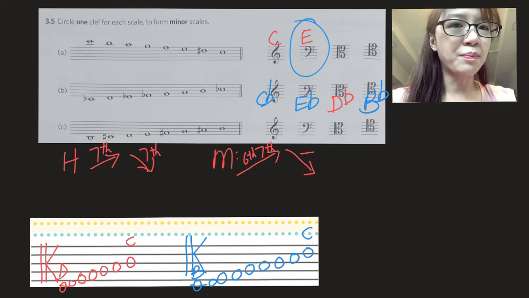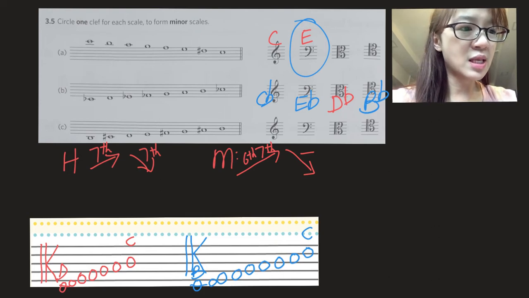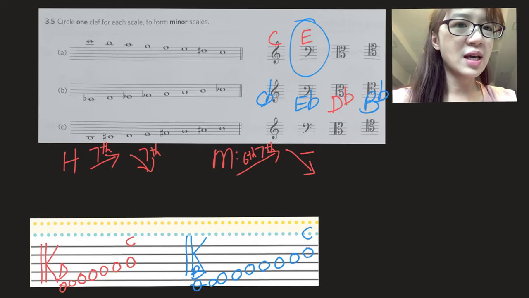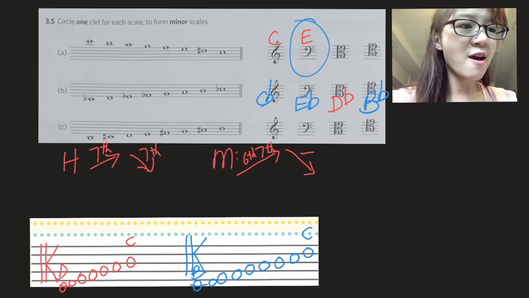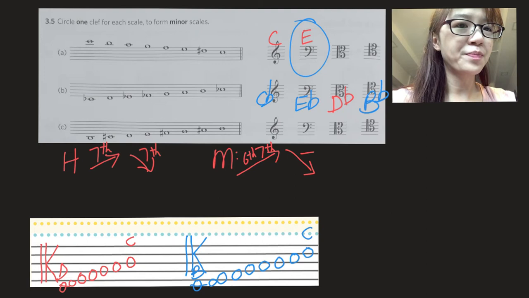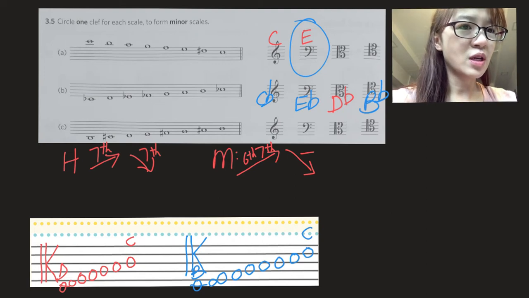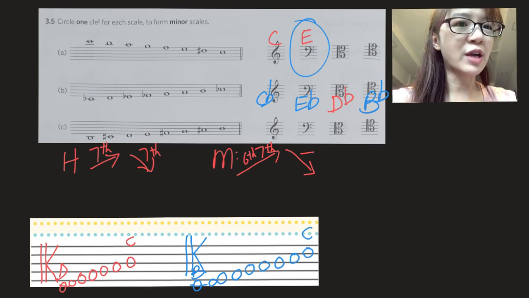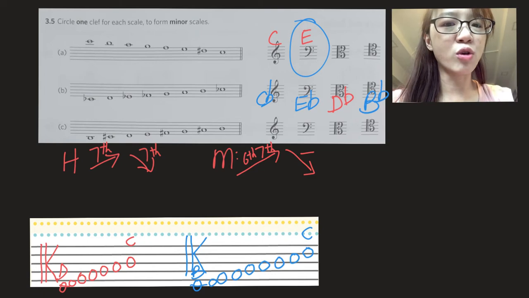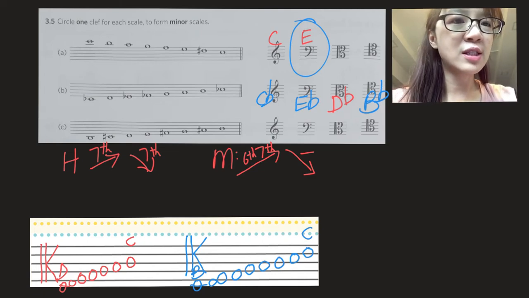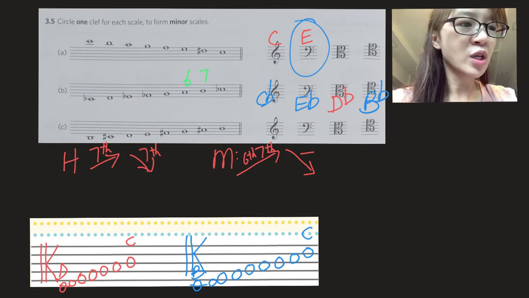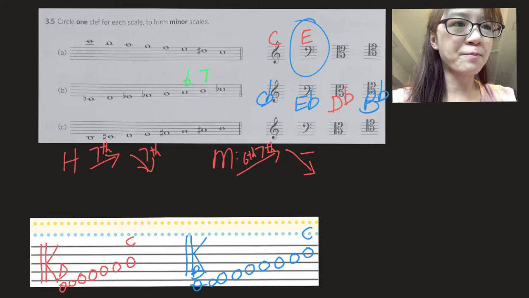Okay, so start. B, C, no, yes. D, yes, we have D. E, yes. F, no. G should have a flat, but because of the 6th position, G, A, B flat. Okay, G and A, these two have no flat because we can consider this is the 6th and 7th note.